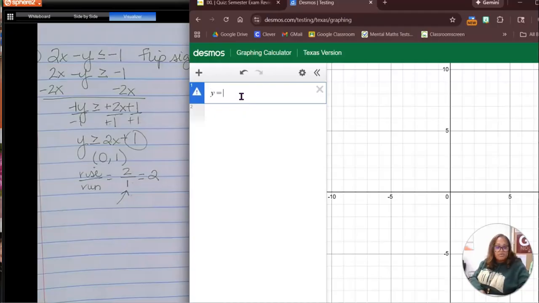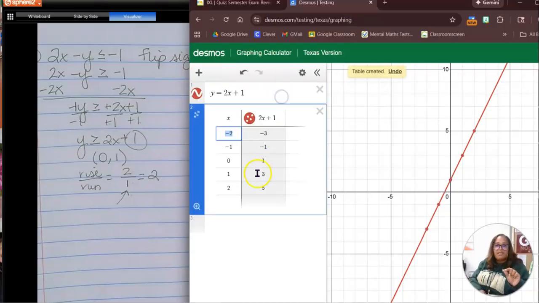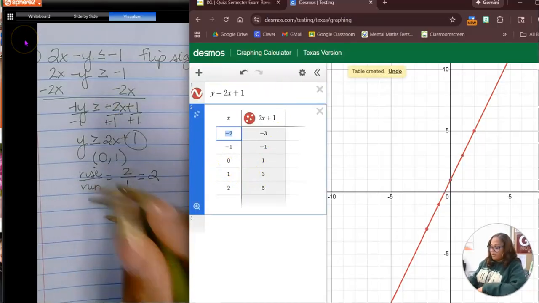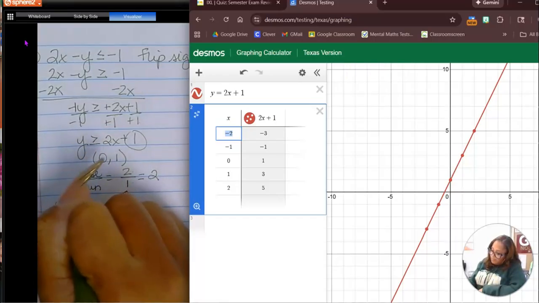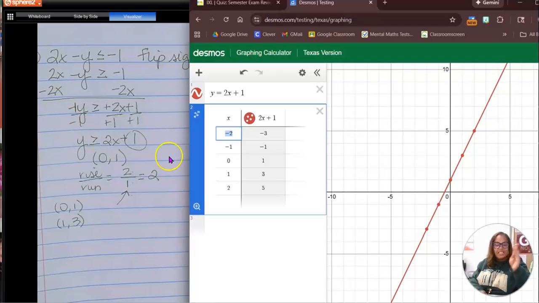Y equals 2x plus 1. If I'm not sure of what points to put on my graph, I can also type this in Desmos as an equation and then click on my gear and get some points, 0, 1, and 1, 3. That's if I have a hard time with the rise and the run.